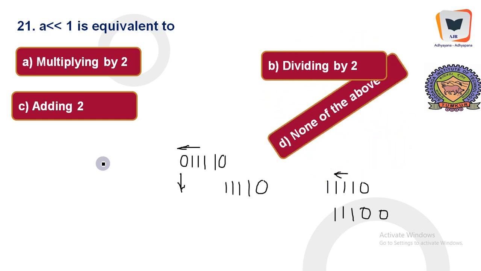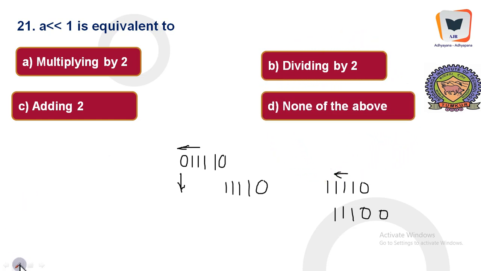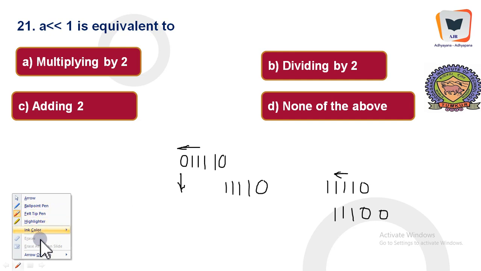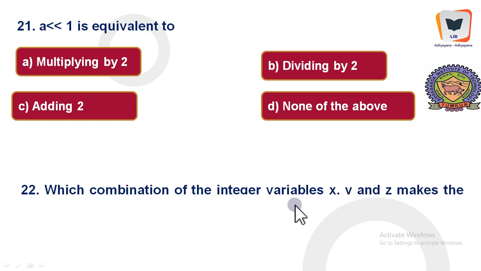Therefore, none of the above should be the correct answer. We should be very careful because several times, in several examples we have seen, none of the above happens to be the correct answer.